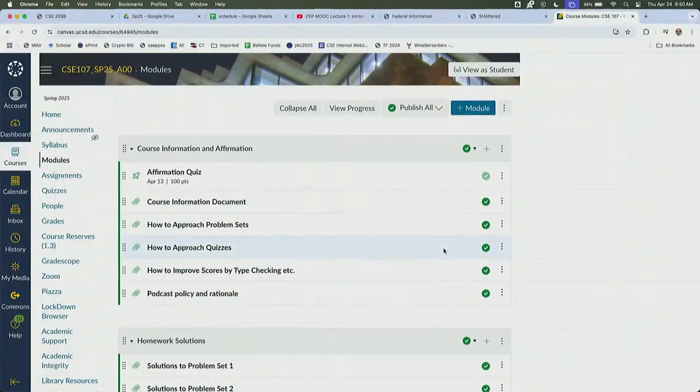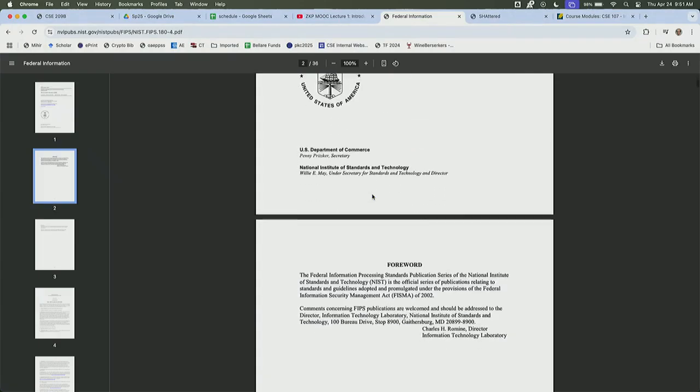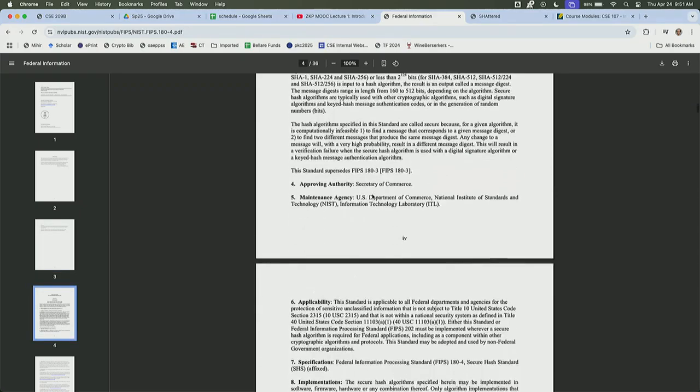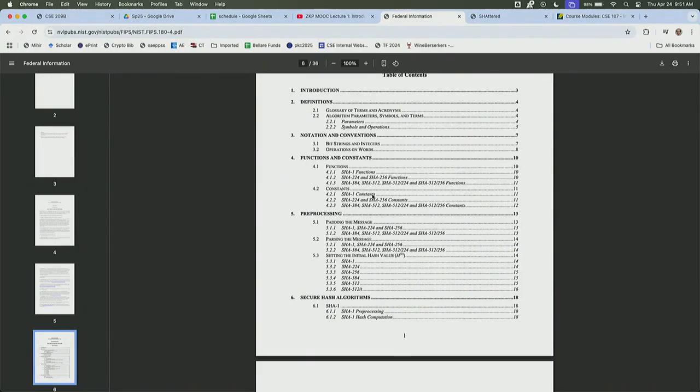So this is the SHA-256 function. Just to show how central it is, this is the government standard that standardizes that function, and it's used everywhere now, and in particular you use it. The standard tells you all the details of the design.